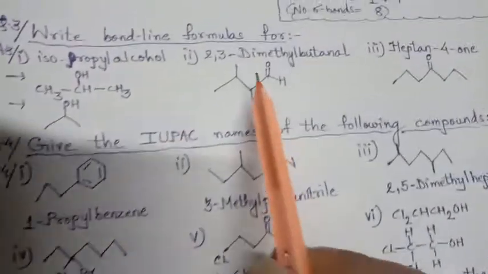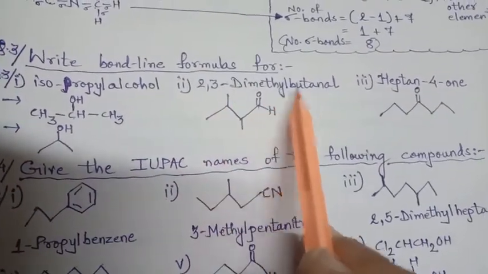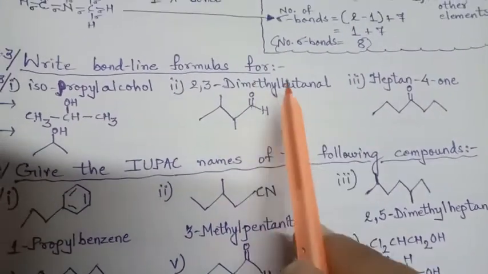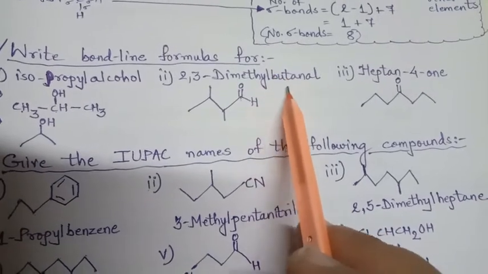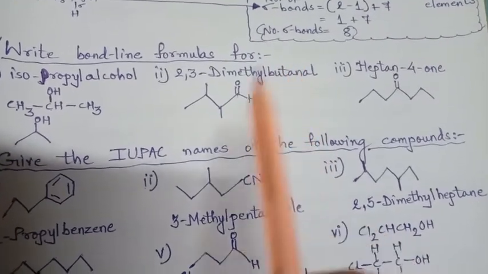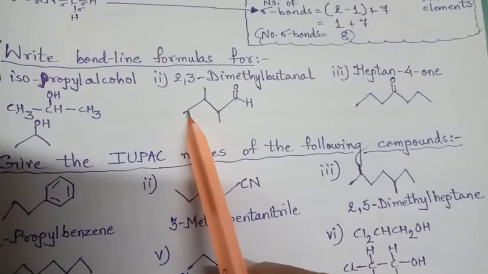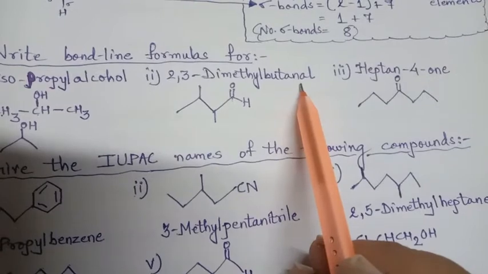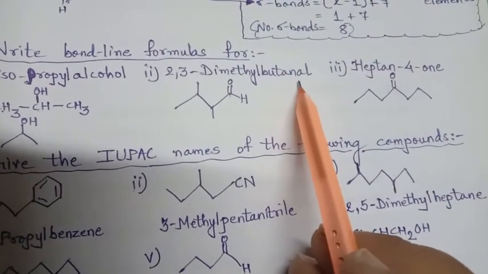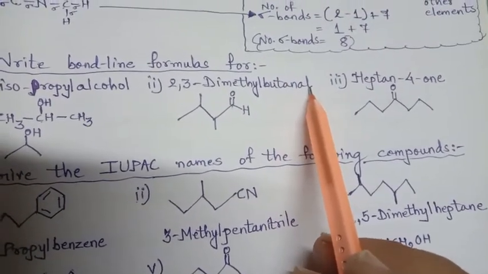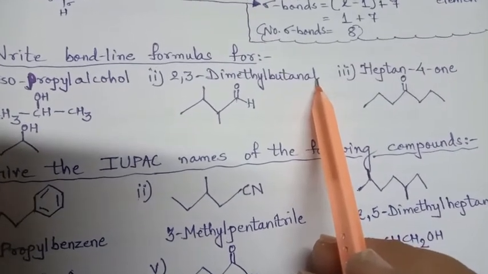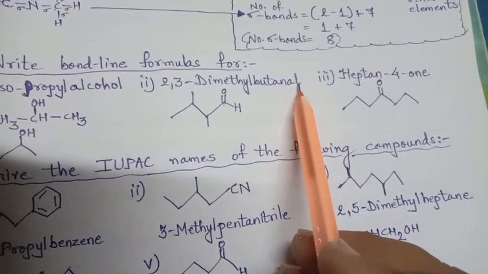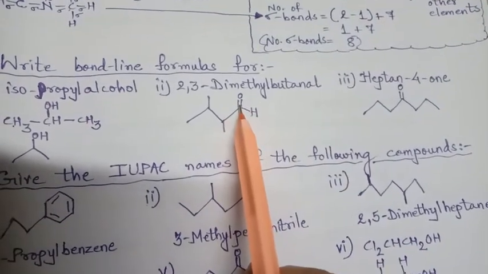Clear? The next is 2,3-dimethyl-butanal. Sorry, it is not nol, it is nal, butanal. So first of all see it is butane, so it means 4 carbon are there. First we will draw 1, 2, 3 and 4. 4 carbon is drawn. Now butanal is there. It means 1 is not mentioned and al is for the aldehyde group, and we know that aldehyde is a group which consists of carbon, so it is a terminal group, so definitely it will be on this terminal.